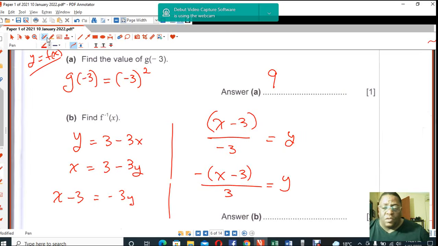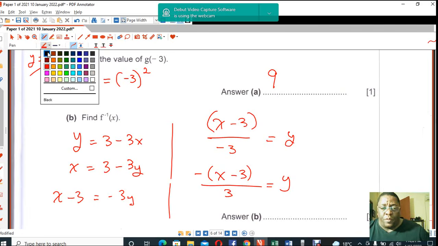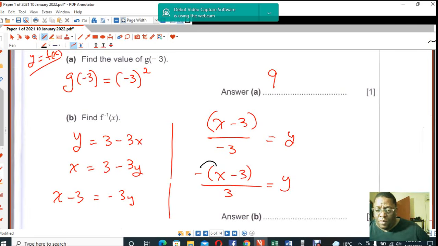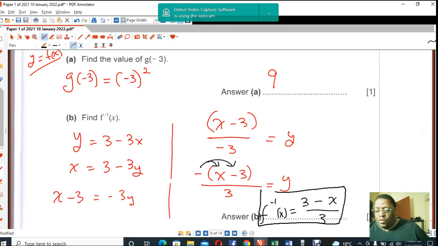And just because I want to write it fancy, if you multiply these, you realize that it becomes 3 minus x upon 3. All right, and this would be the inverse of your function. But anyway, any value that you have from this particular point, you deserve a mark. Just don't leave your answer with the y. Okay, it's just a method.